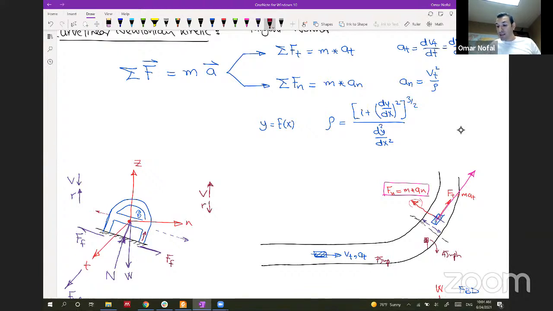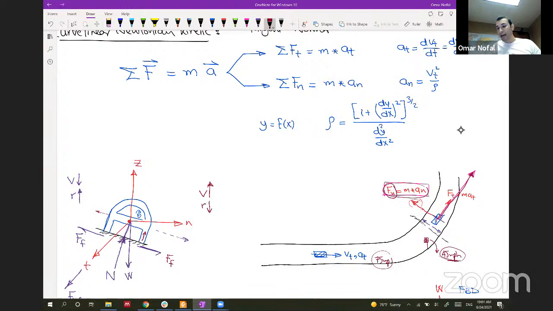Because if your velocity is very high and you're entering this curve with a certain amount of slope, the weight of your car might not be able to generate a normal force in the direction of the center of the curvature. So you will not be able to generate the force that keeps you in this curve, and you might shoot outside of the curve. That's why you have to reduce your speed from 75 to 45 miles per hour.